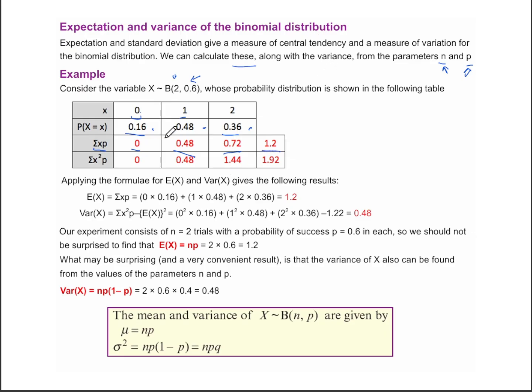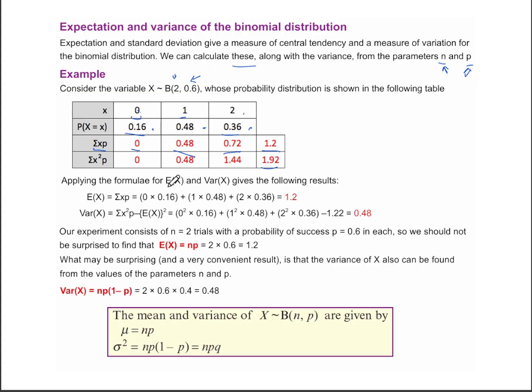Remember, for the variance, we need the sum of the squares times your probability. So 0 squared times 0.16, which is 0. 1 squared times 0.48, which is 0.48. And 2 squared, which is 4, times 0.36 is going to be 1.44. And adding all of these up will give us 1.92.